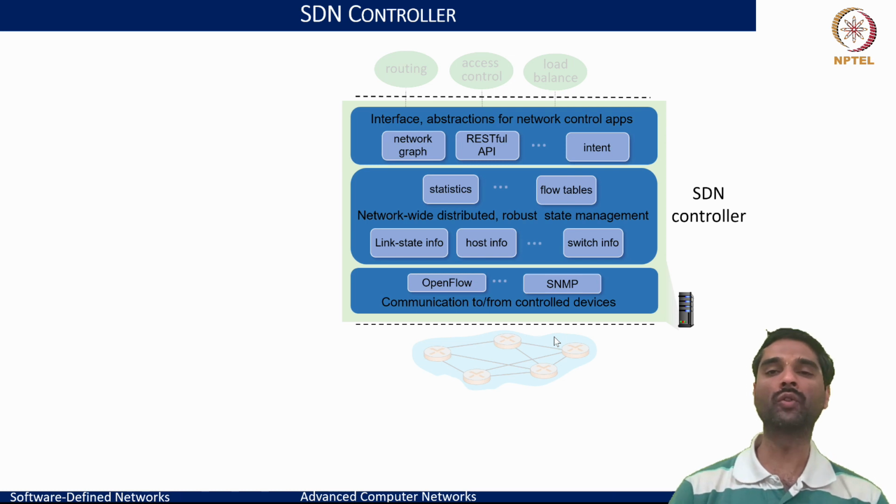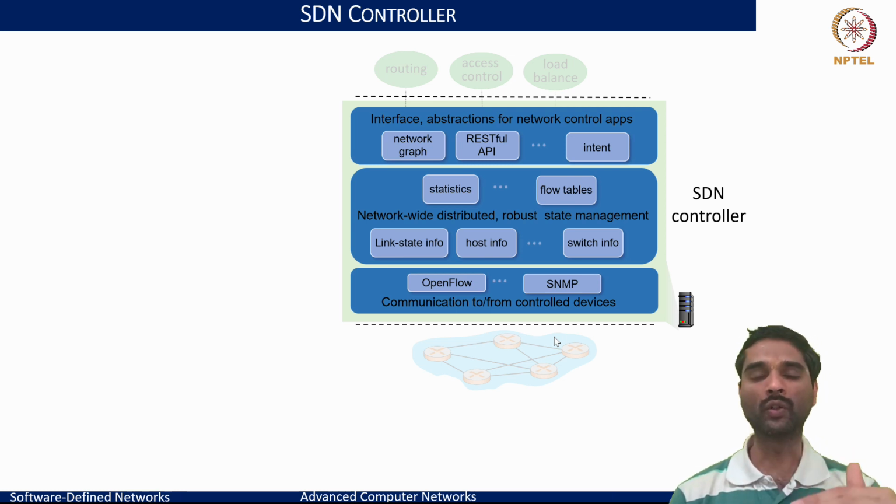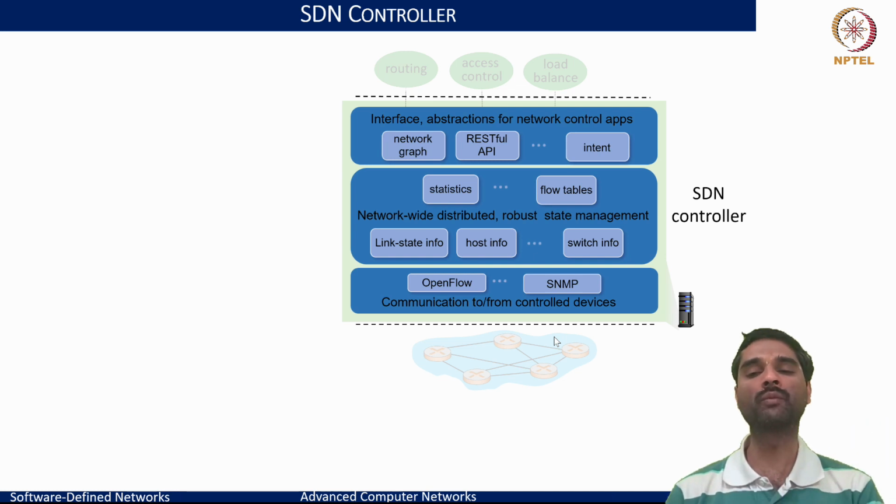When we think of an SDN controller or a network operating system, think of it as two specific layers. Just as any operating system, it would abstract out the hardware details, and in this network operating system, it would abstract out the details and characteristics of the networking devices.